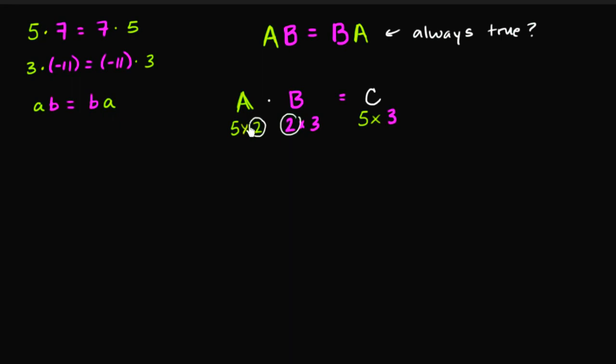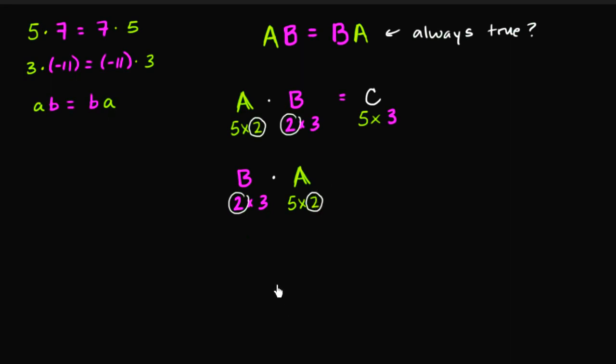And once again, I encourage you to pause the video. So if you were to take B, so let me copy and paste that, and multiply that times A. So I'm really just switching the order of the multiplication. What is this right over here going to be equal to?